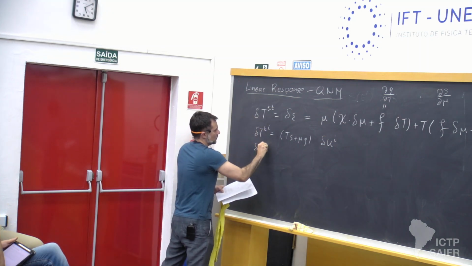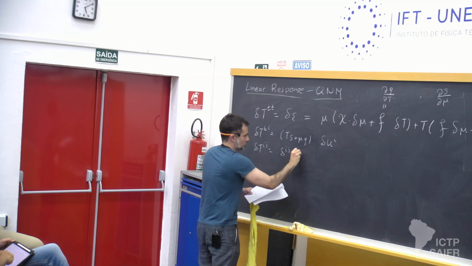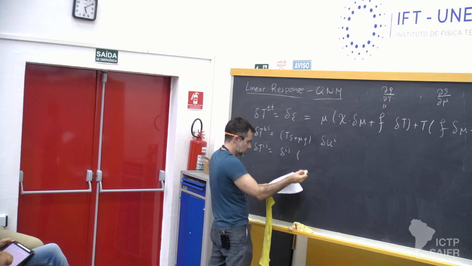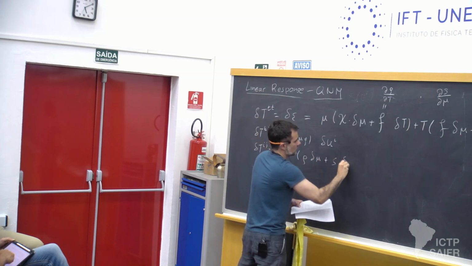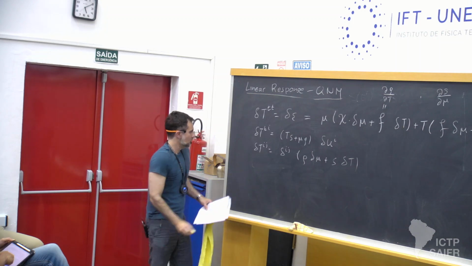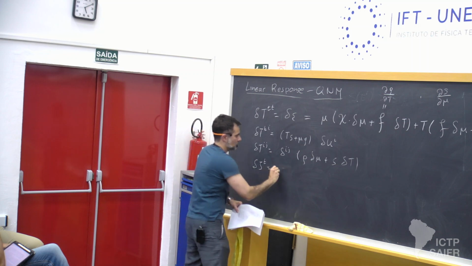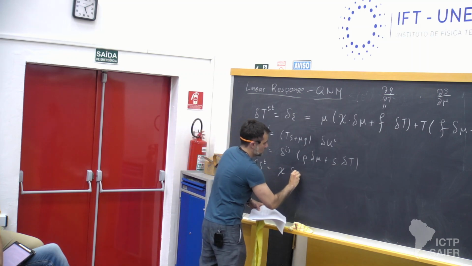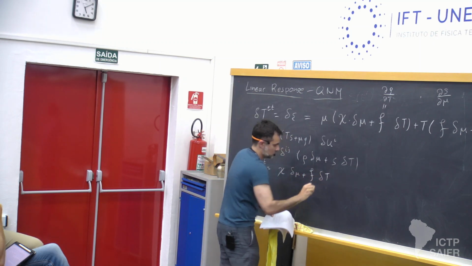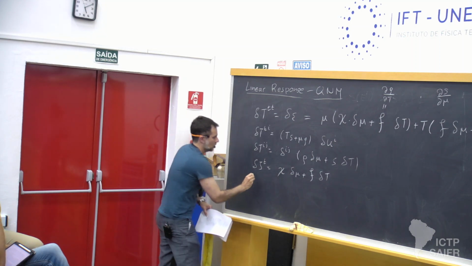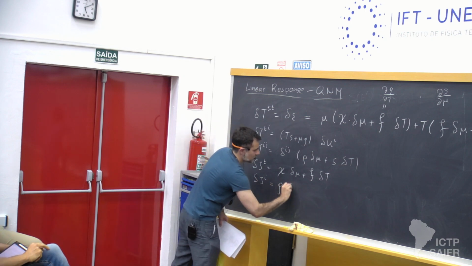And delta T^{ij} is delta^{ij} times the variation of the pressure, which will give you charge density times delta mu plus s times delta T. Now the variation of the charge density is going to give you the charge susceptibility times delta mu plus psi times delta T. And the variation of the electric current is going to be the charge density times delta v^i.